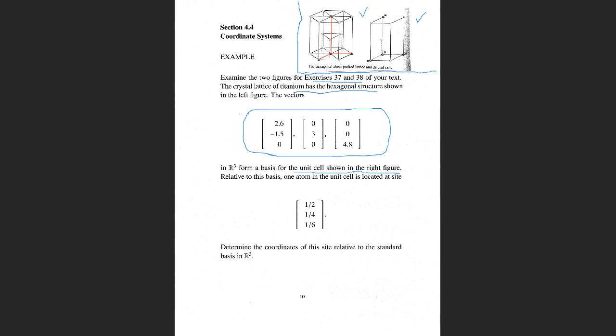Okay, that's a unit cell. Hold on, Binyam.